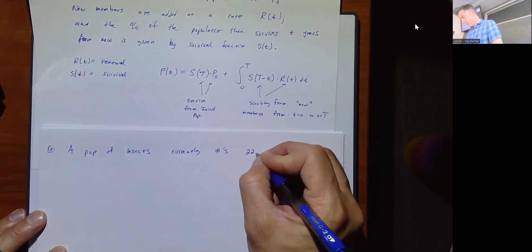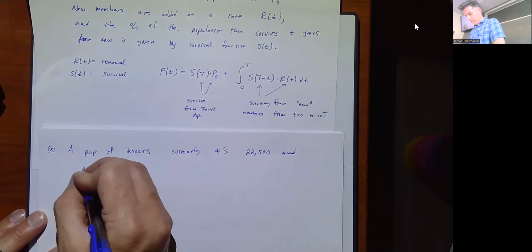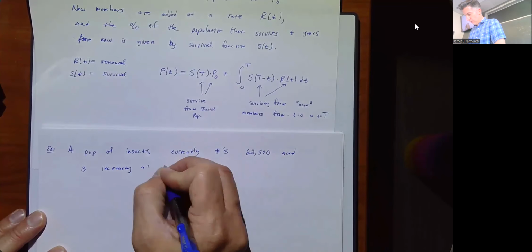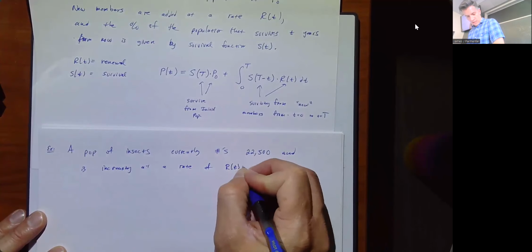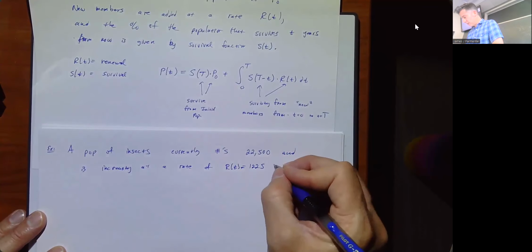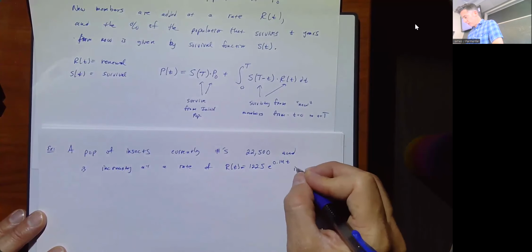Currently numbers 22,500 and is increasing at a rate of R of T equal to 1,225 times e to the 0.14 T insects per week.